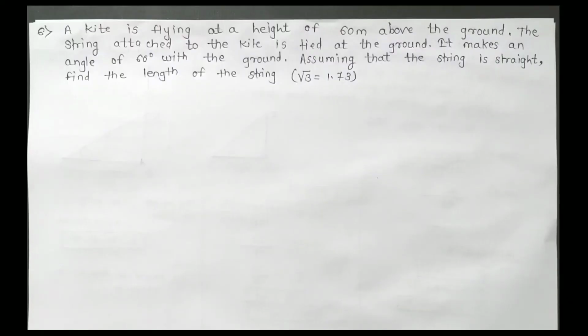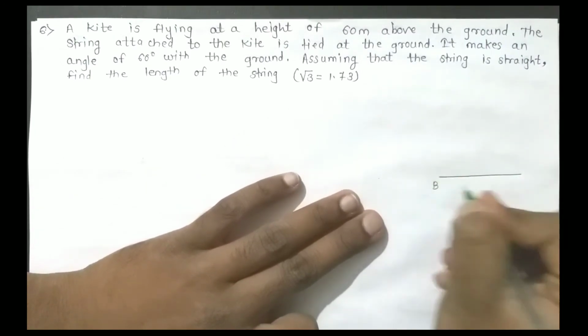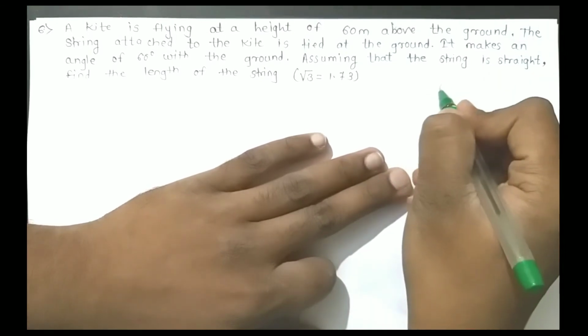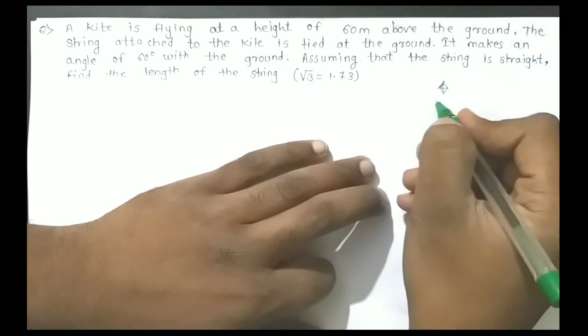So both again it. Then last one is sixth one. Sixth example. A kite is flying at a height of 60 meter from the ground. Okay. So first we draw ground. Name it B and C. And from the ground, here is the kite. Okay.